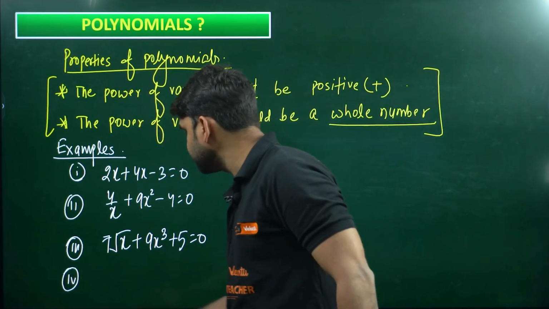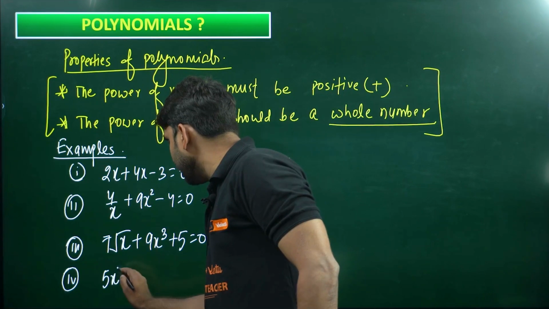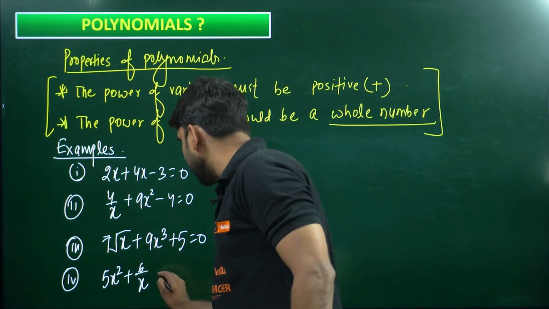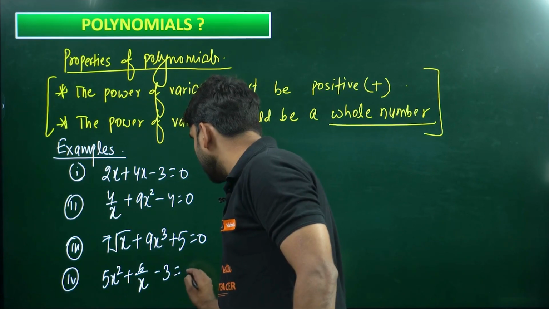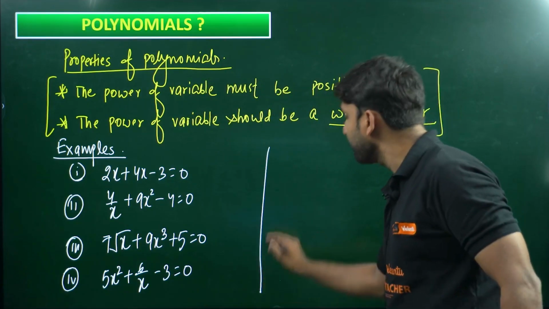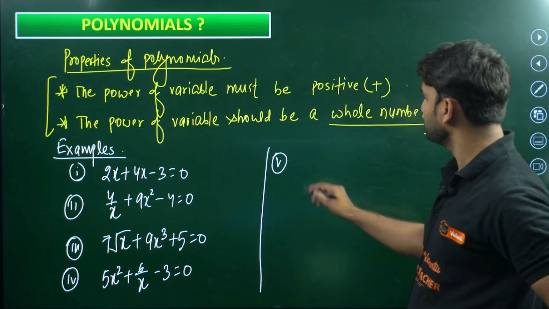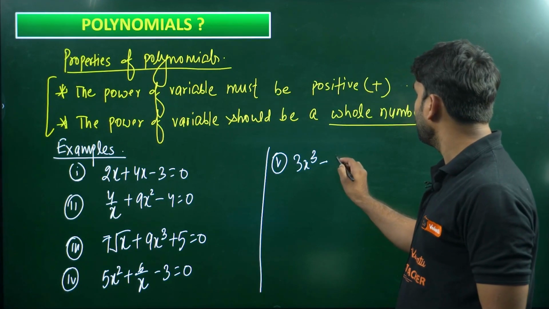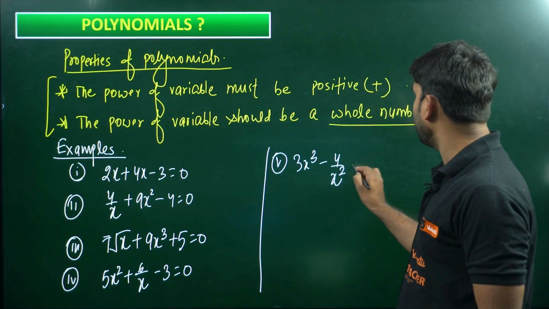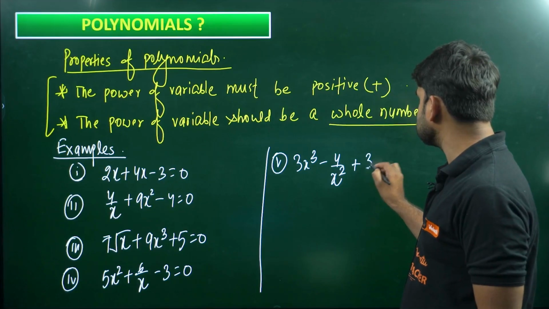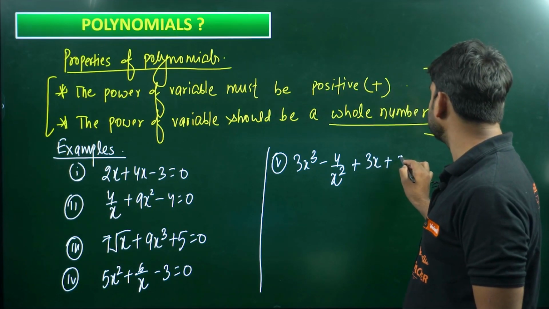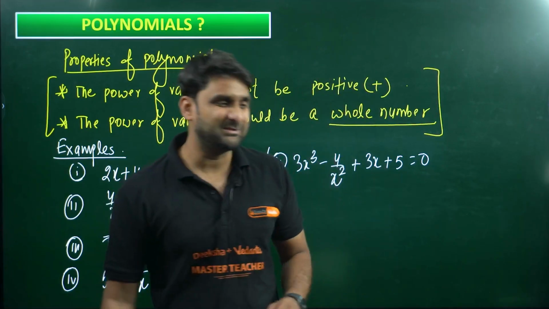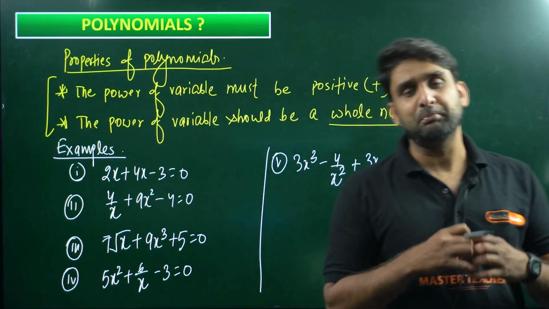Fourth is 5x square plus 6 by x minus 3 is equal to 0. Fifth is 3x cube minus 4 by x square plus 3x plus 5 equals 0. So let's see whether the given expressions are polynomial or not.